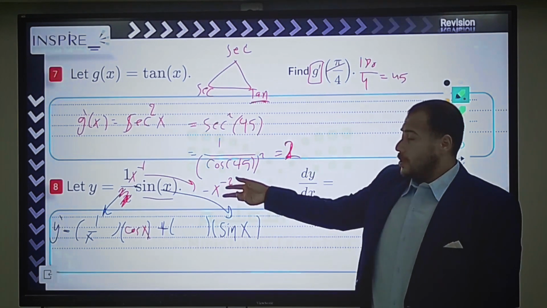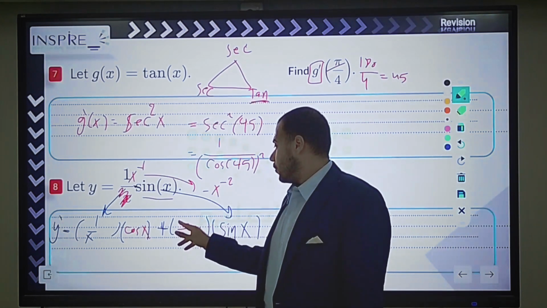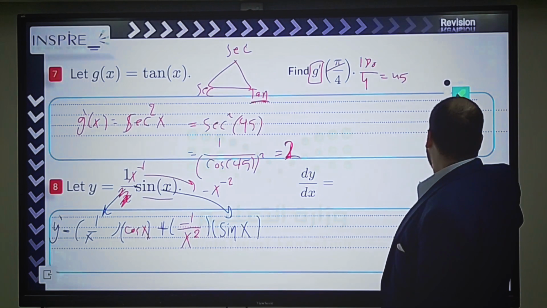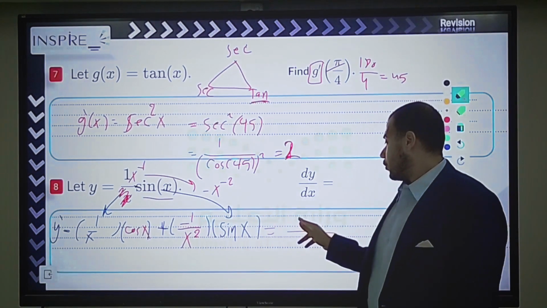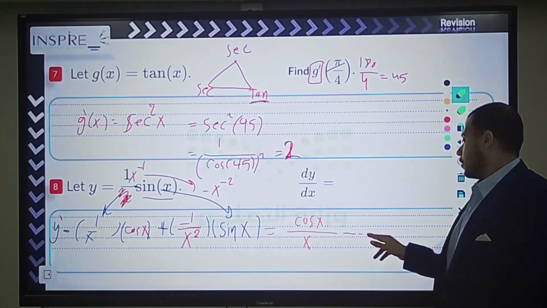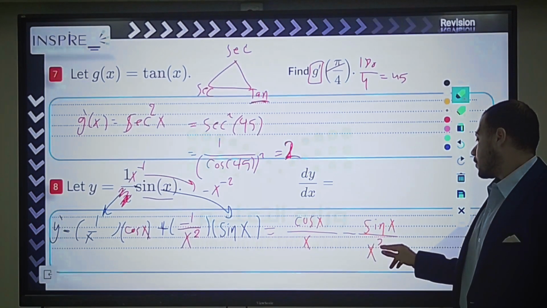But when you write it, you make it back to negative 1 over x squared. Okay, now you can simplify further. So this one will be cosine x over x minus sine x over x squared.